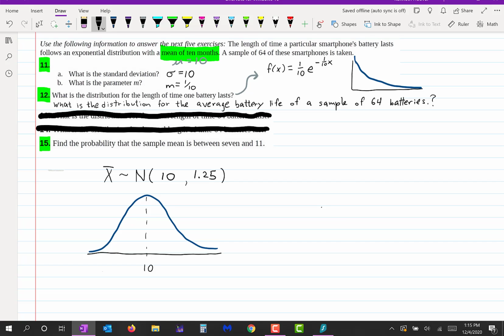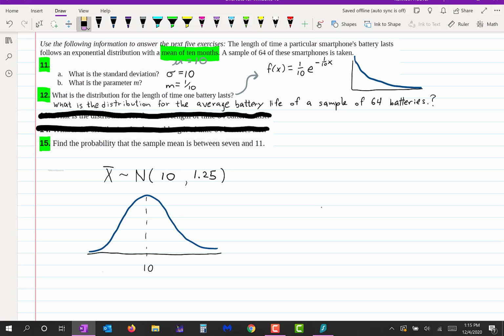Okay, that's the answer for my additional question of question 12, the second part. Okay, I didn't write an equation for the distribution. I wrote its name. That's good enough. That's all we need. Okay, and I also drew a picture.